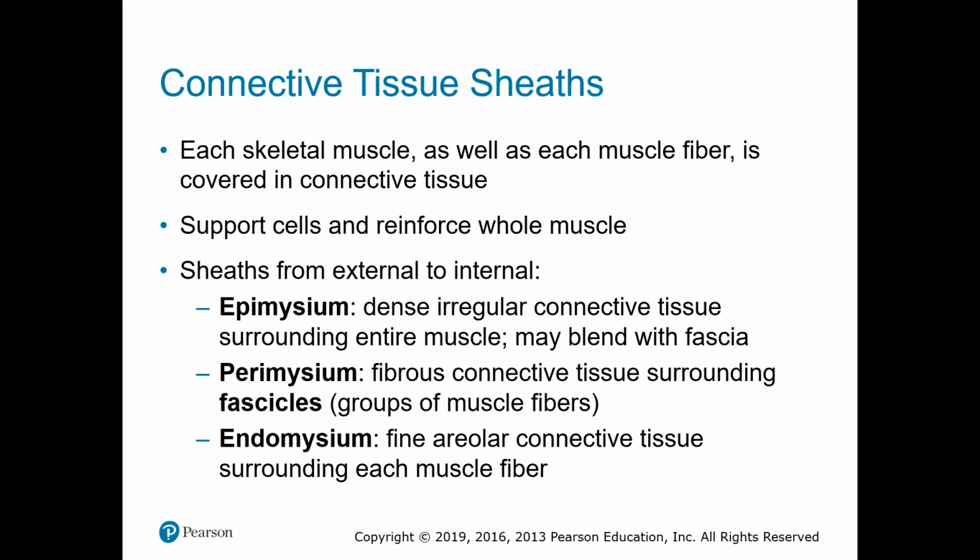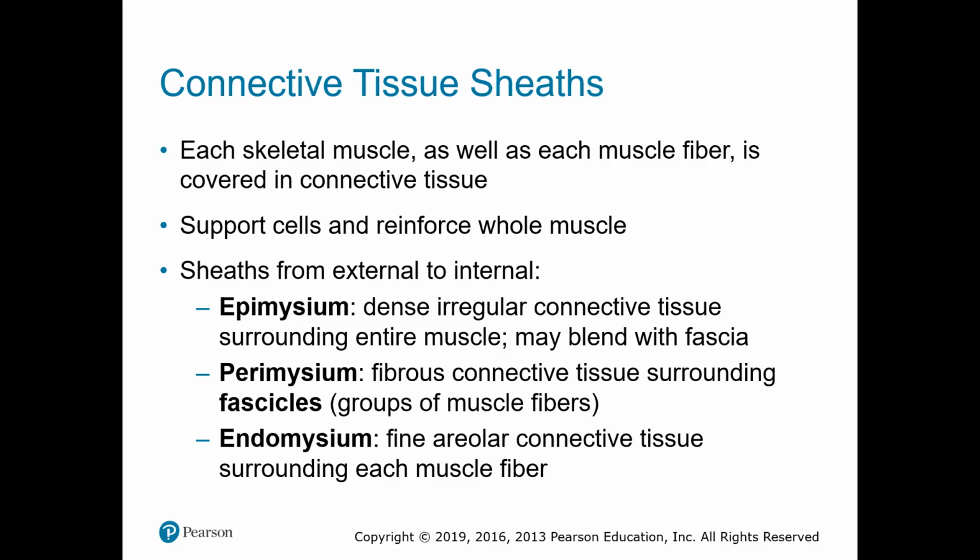Now, all the fascicles together, each one of those surrounded by a perimysium, each perimysium that surrounds the fascicle is connected, or as we say, is continuous with the outer covering of the muscle called the epimysium. So the perimysium surrounds the fascicle and it's continuous with the epimysium.